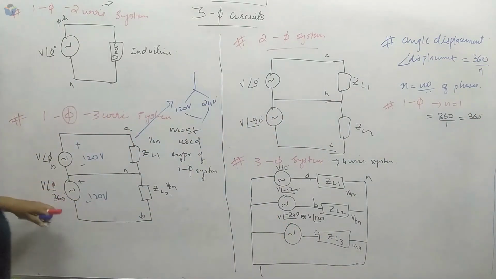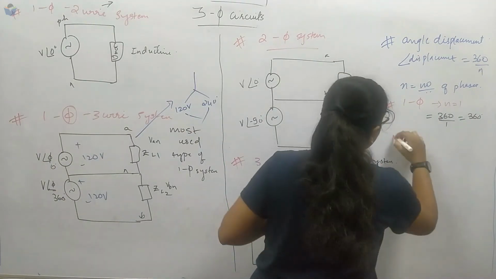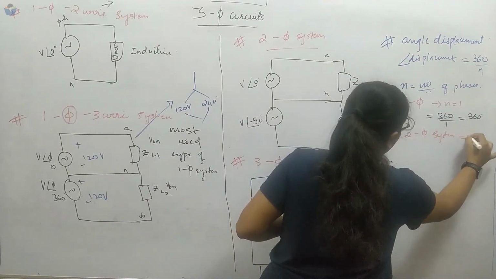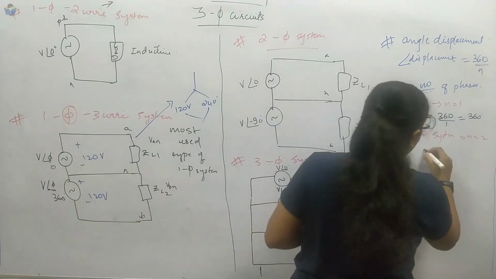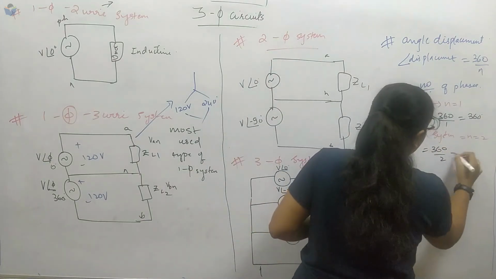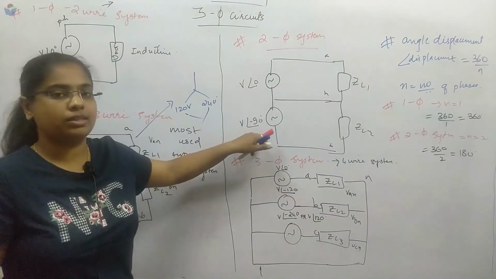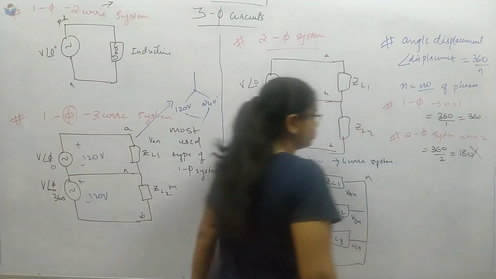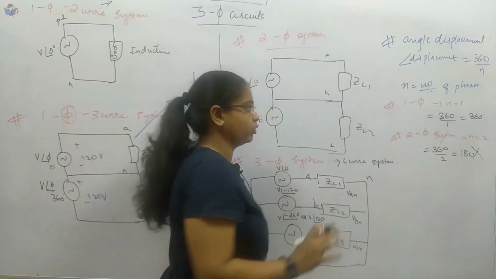Whether it is 360 or 0 degree, both mean the same. Next, for the 2 phase system, N is equal to 2. Putting N equal to 2 in the formula, 360 by 2 gives 180 degree. But what we have seen here is minus 90 degree. So this formula is invalid for the 2 phase system; for 2 phase it will be minus 90 degree displacement only.